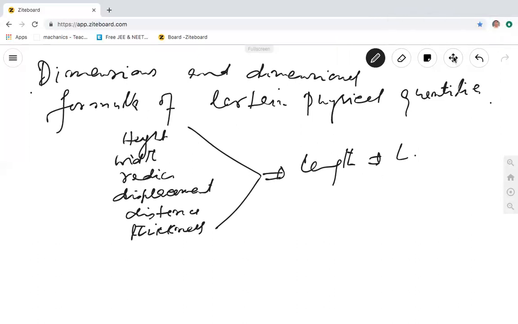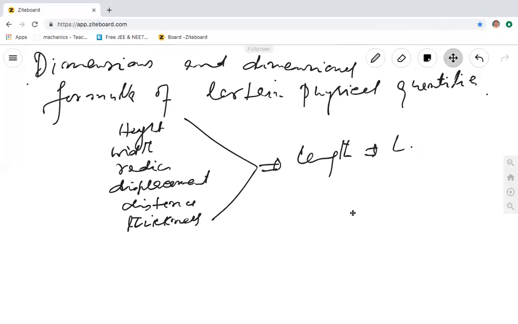Now, let me go to number one, physical quantity. Let me do it afresh. Area. It is L into L, that is L square.